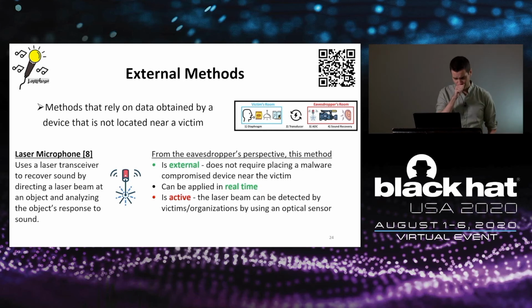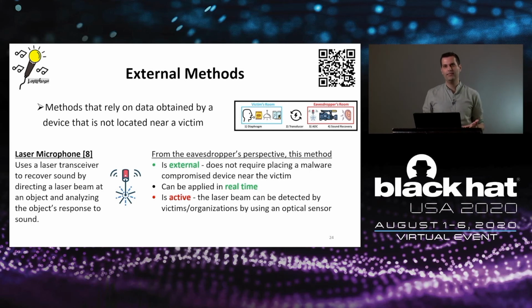And laser microphone is a traditional method that has been used for years by eavesdroppers. And from the eavesdropper's perspective, this method has two great advantages. The first one is that it is totally external, and it doesn't require, as a result, compromising a device with a malware. And also, this method can be applied in real time.